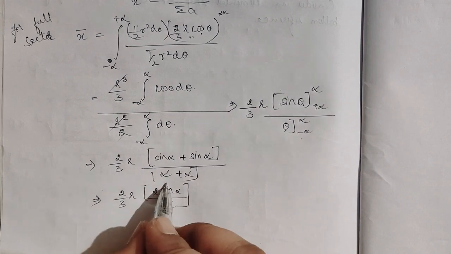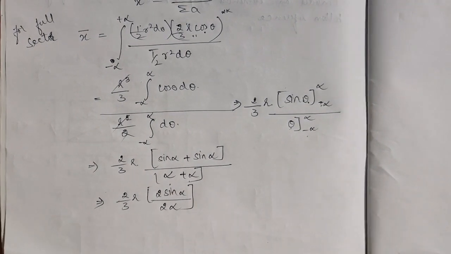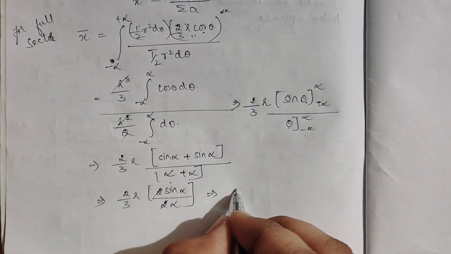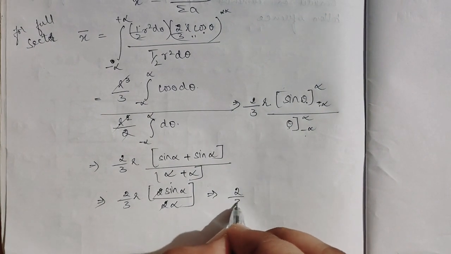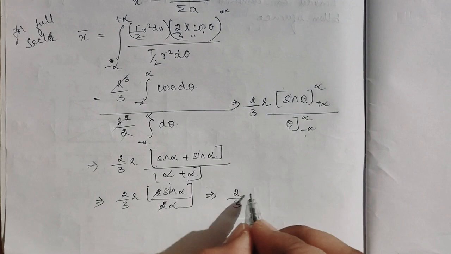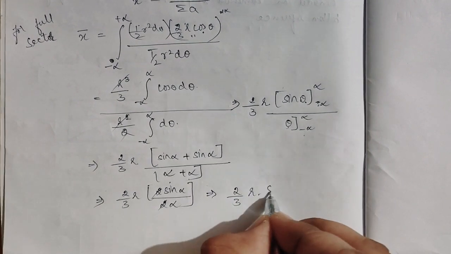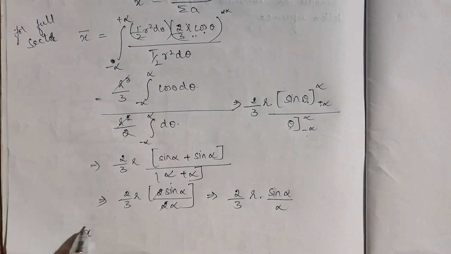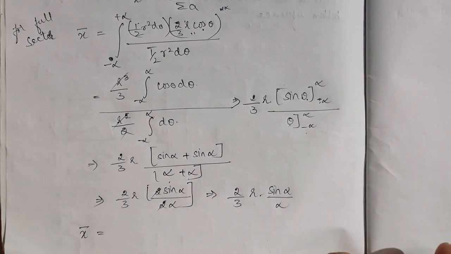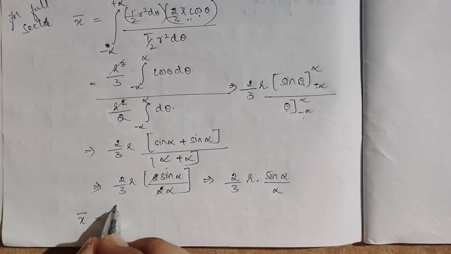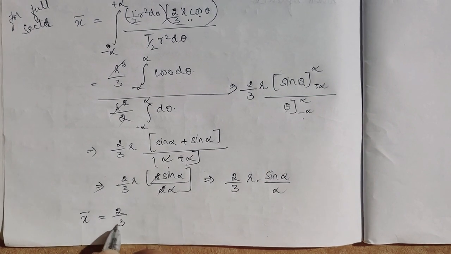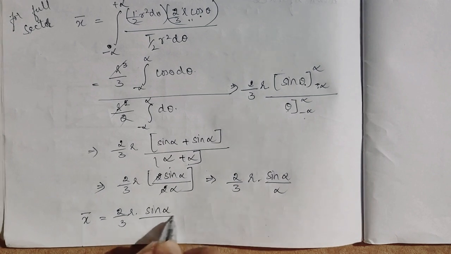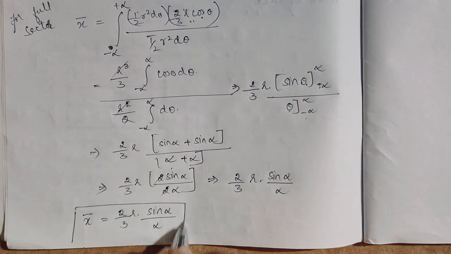Alpha into alpha, so this two cancels. So what it implies, 2 by 3 r into sin alpha by alpha. So x bar is nothing but 2 by 3 r into sin alpha by alpha.